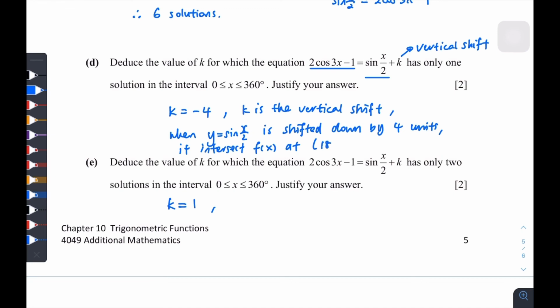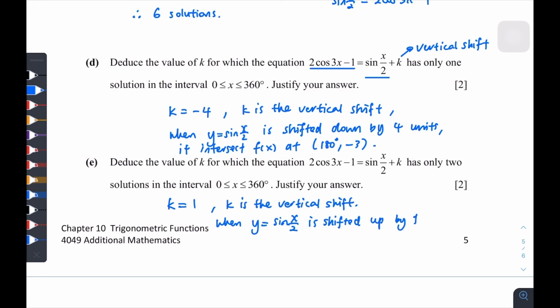So x is 180 degrees, y is -3. Same thing, k is the vertical shift. When y equals sine x over 2 is shifted up by 1 unit, it's actually explaining what we did just now.